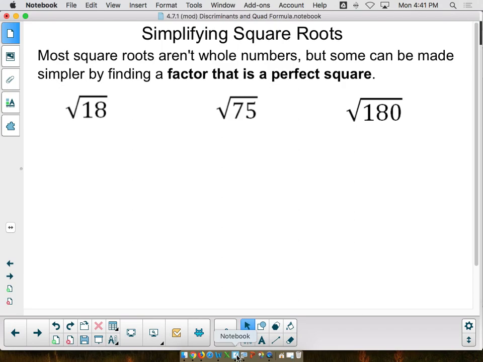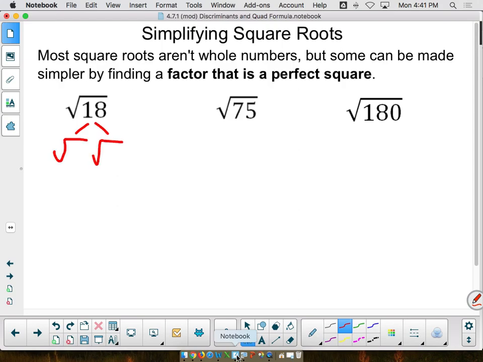And what I mean by that is I can split up a square root into two different square roots, but I'm only going to do this as long as one of these numbers, first of all, has to go into 18, and it has to be a number whose square root is a whole number.